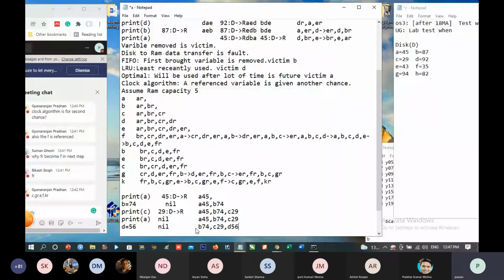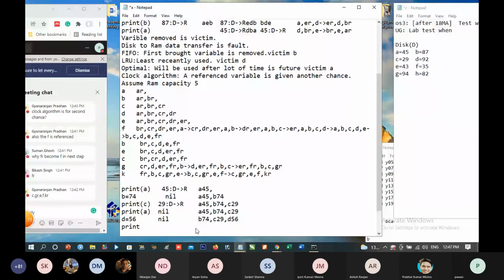Now we are printing F. The value of F, which is 35, will be brought from disk to RAM. Fine. B will be removed. So it will be C29, B56, and F35. Do you agree? Any doubt? At present, let it be first in, first out.